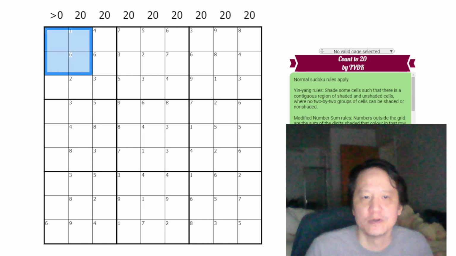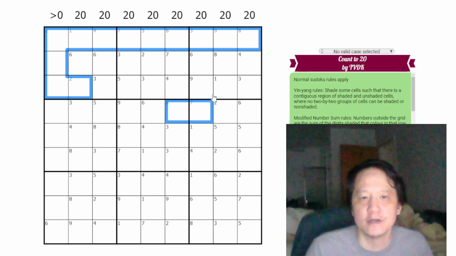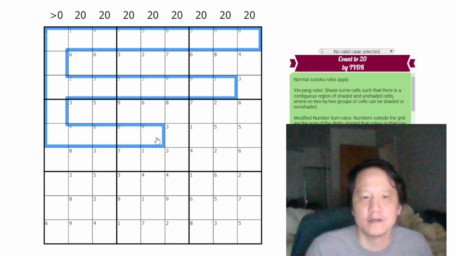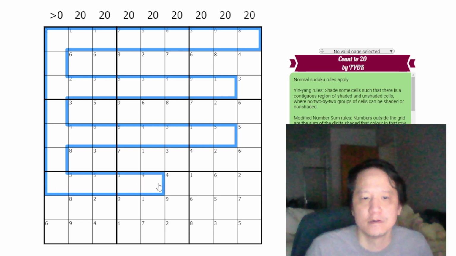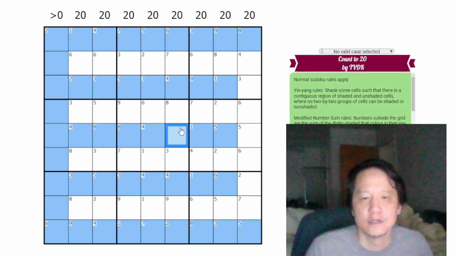So that means in a yin-yang puzzle, there's no 2 by 2 area which can be all shaded. Let's use blue. Or unshaded, which is white, right? So an example of a valid yin-yang shape shading would be something like this, right?